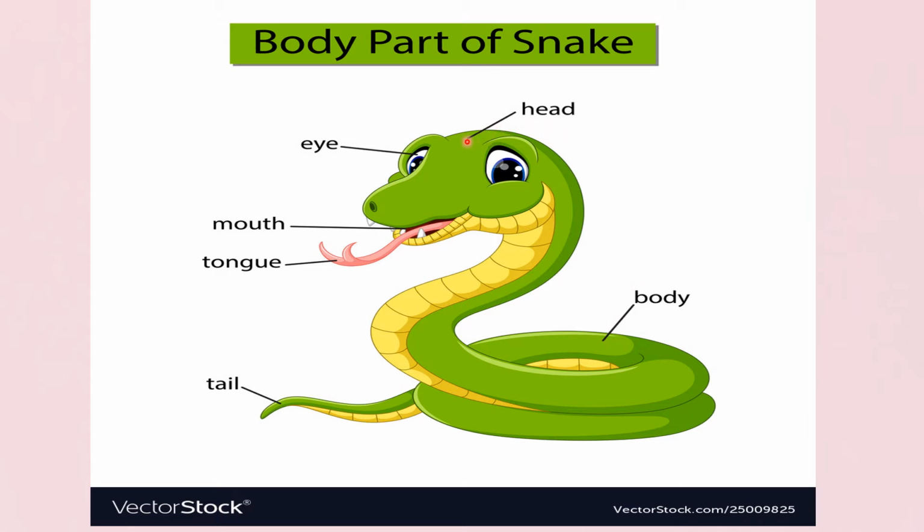You can see this part is the head part, 2 eyes, one mouth, a tongue. You can see a twisted tongue, tail, and this whole is the body of the snake.